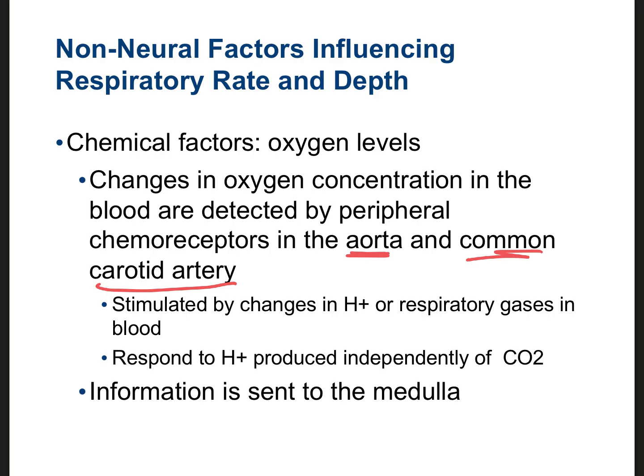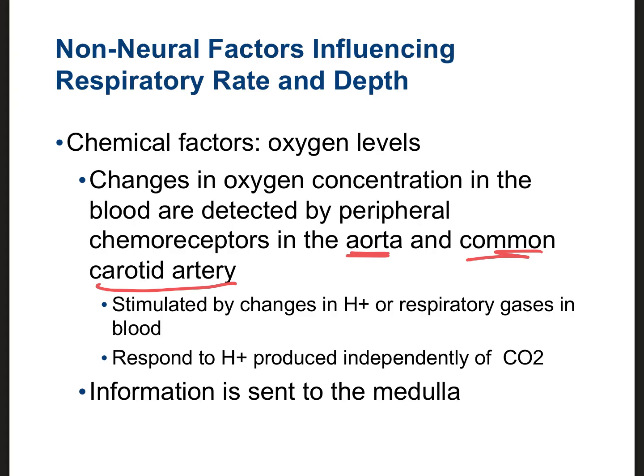And so these are stimulated by changes in hydrogen ion concentration, or respiratory gases in the blood. They respond to hydrogen ion concentrations that are separate from what we just talked about with carbon dioxide. So the carbon dioxide builds up, hydrogen ion builds up in the cerebrospinal fluid. That's not the same stimulus that we're talking about here, so something else has to happen.